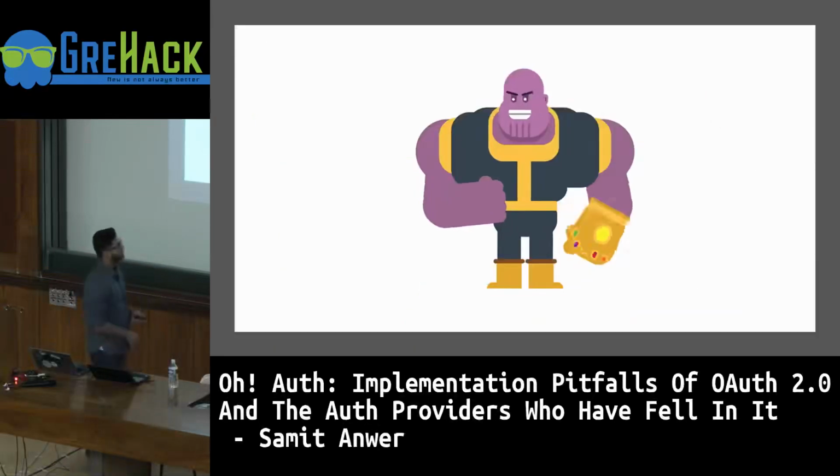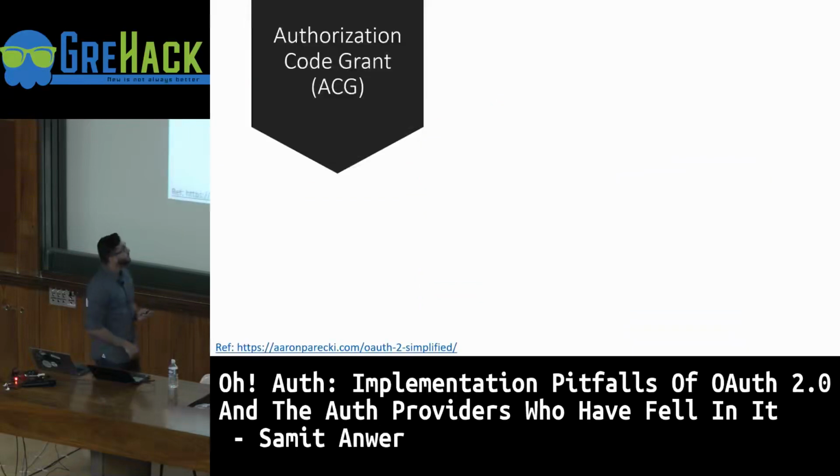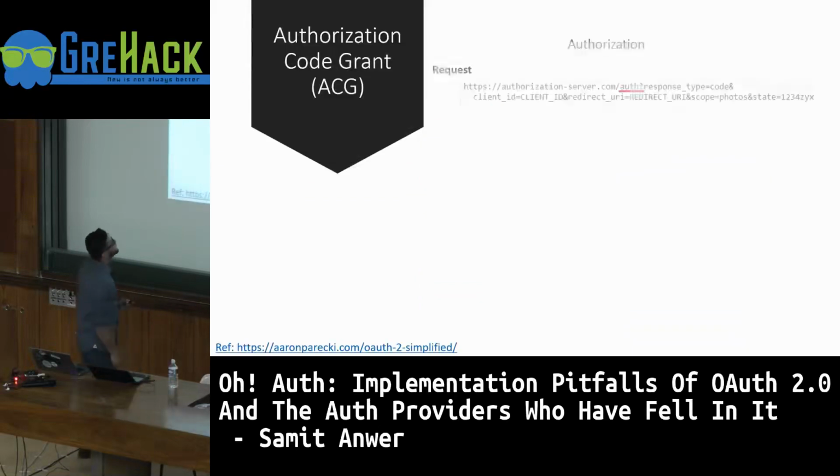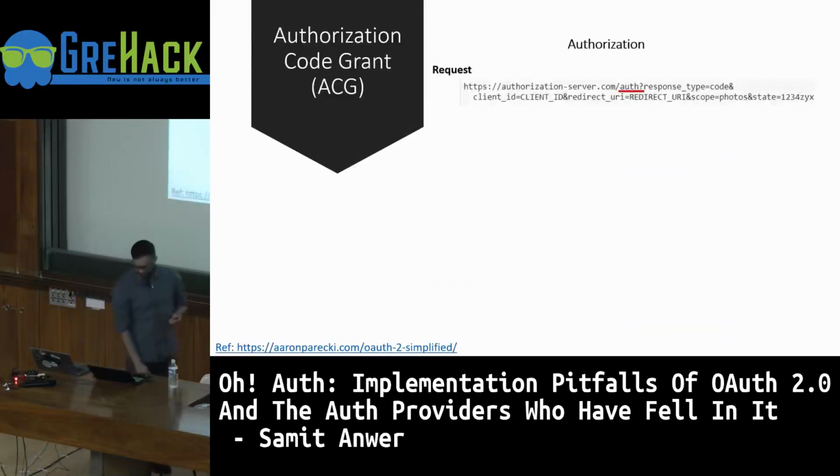So Thanos is happy, he gets the soul stone finally. And if you see the traffic on the wire, in the authorization request, you're hitting the auth endpoint on the auth server, along with some parameters in the request, which includes the redirect URI, the scope, and the state.